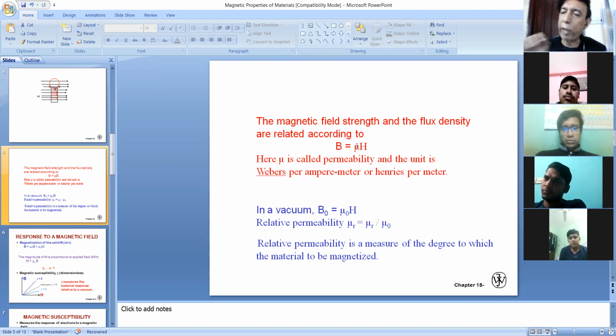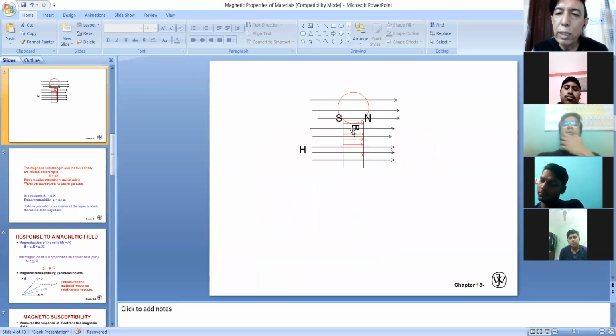Mu is that factor by which H will be increased or H will be decreased. Here you see H increases inside the magnetic material, and outside the magnetic material, H decreases by the presence of this magnetic material.